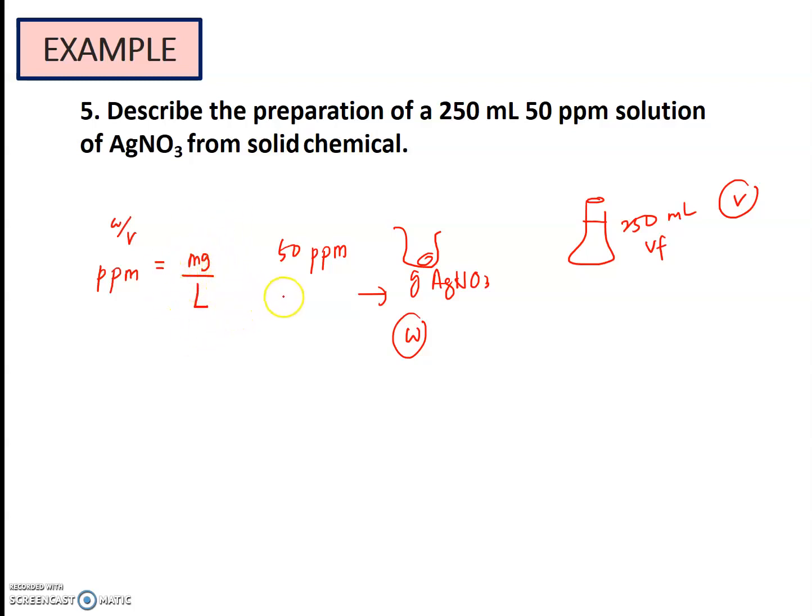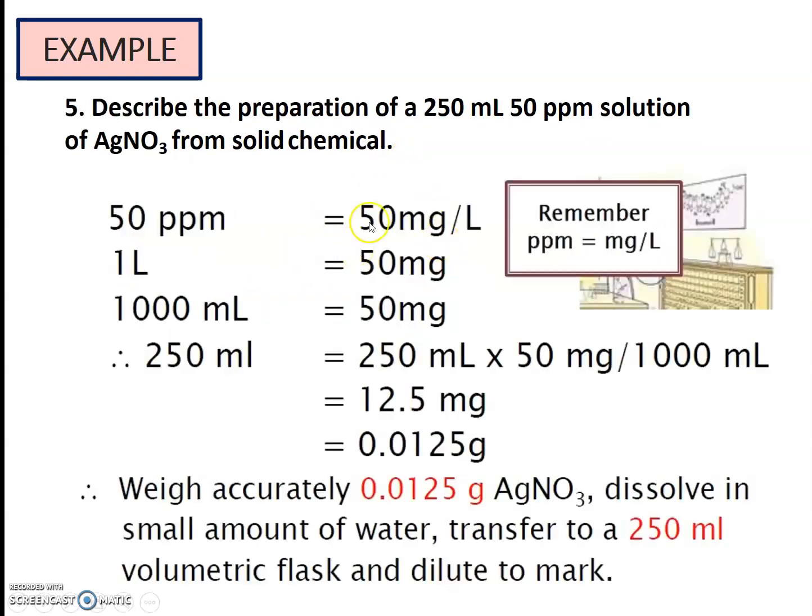So get the mass of silver nitrate in gram. Alright, so we do the comparison. 50 ppm silver nitrate equals 50 milligram per liter. So in 1 liter or 1000 ml, there is 50 milligram silver nitrate. But in volume 250 ml, how much milligram of silver nitrate?